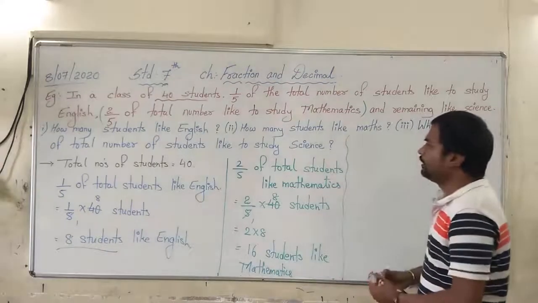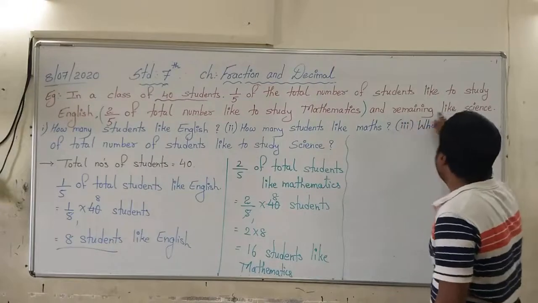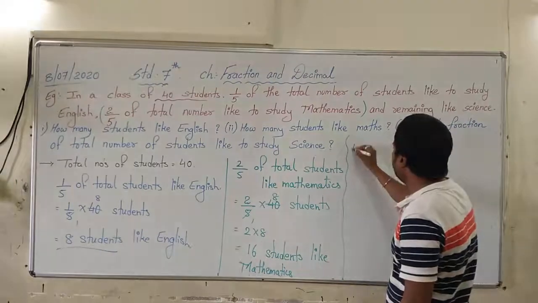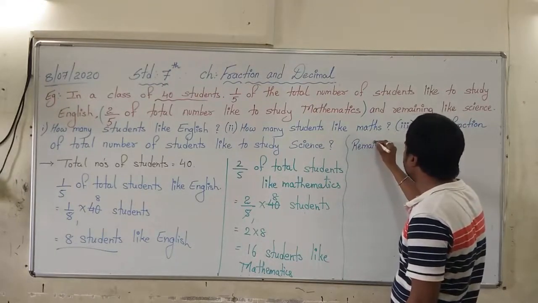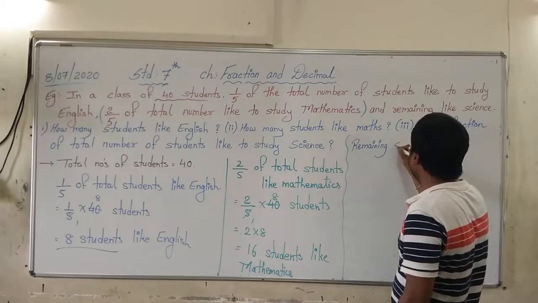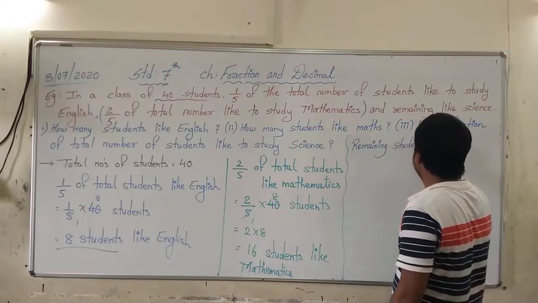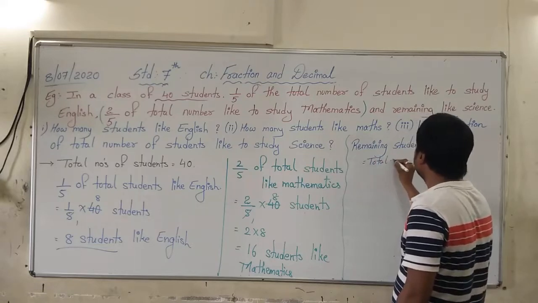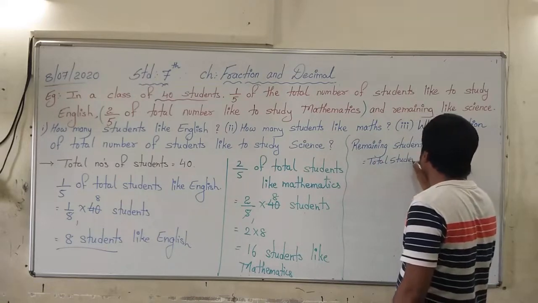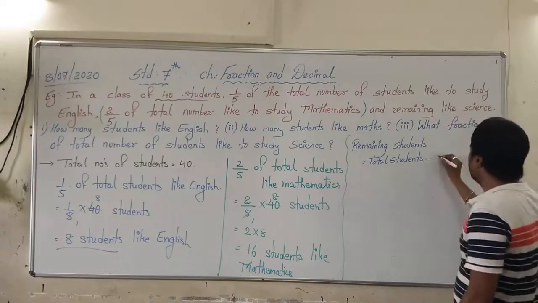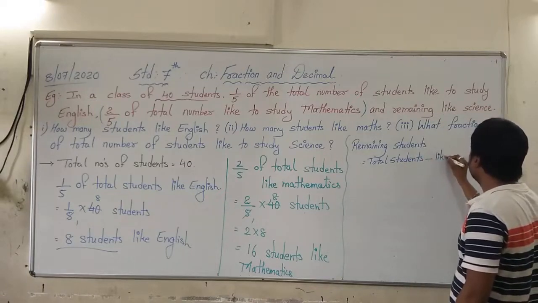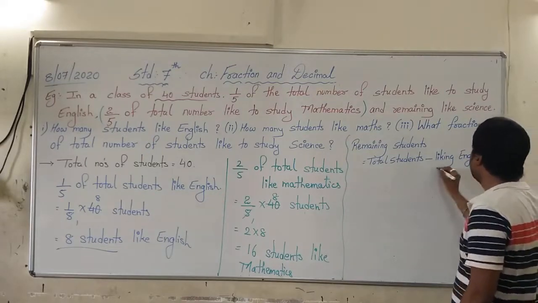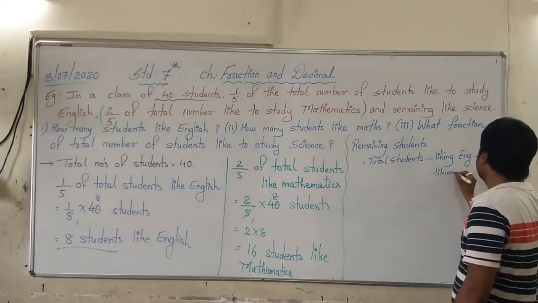Right? And finally it is given that the remaining like science. So remaining students is nothing but total students minus students liking English minus students liking maths.